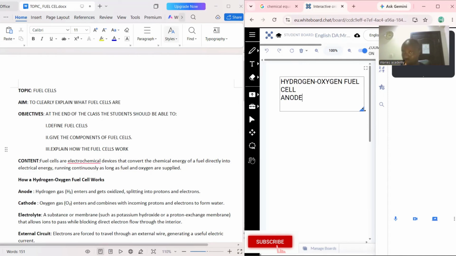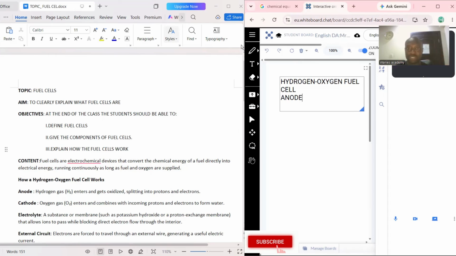The hydrogen enters the fuel cell at the anode and undergoes oxidation, splitting into protons and electrons in the process.